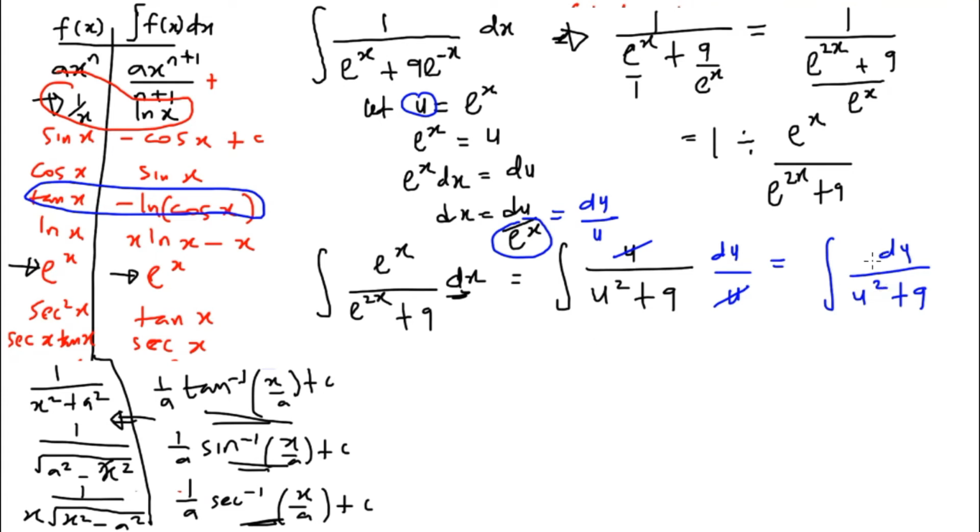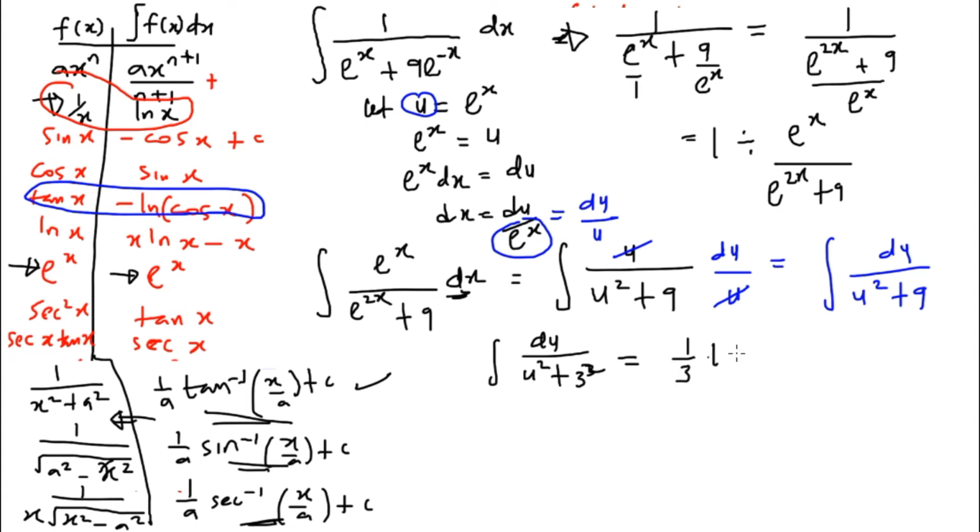So looking at this particular integral, the integral of du upon u squared plus 9, 9 is the same thing as 3 squared. So I can simply have it as 1 over 3 using this standard integral. I can say a is now 3, isn't it?